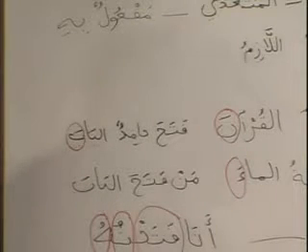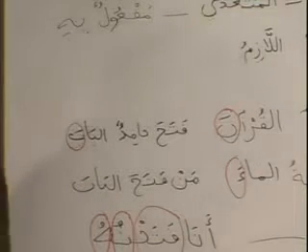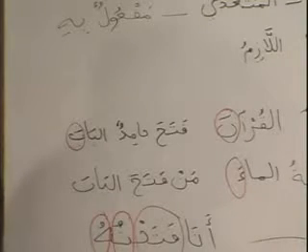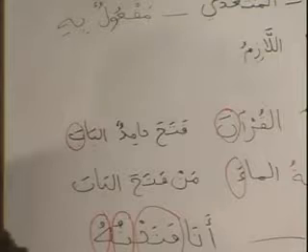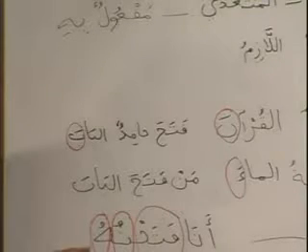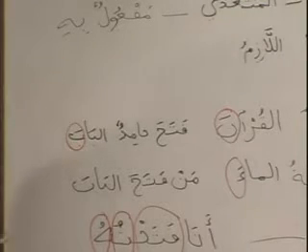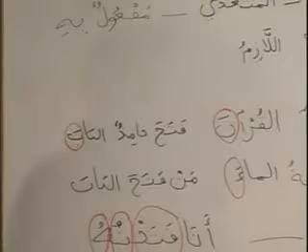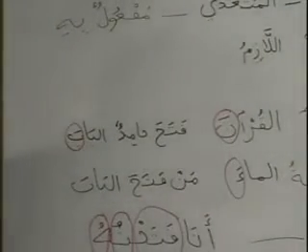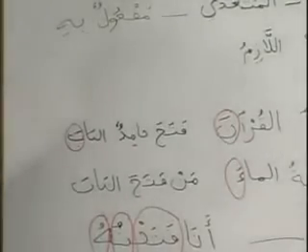So in other words, the damir can come as a maf'ulun bihi, and when the damir comes, it will always be attached, because this damir is damirun muttasilun, attached pronoun. It cannot come separate. We are going to learn about separate pronouns when they are mansub in book 3, inshallah.